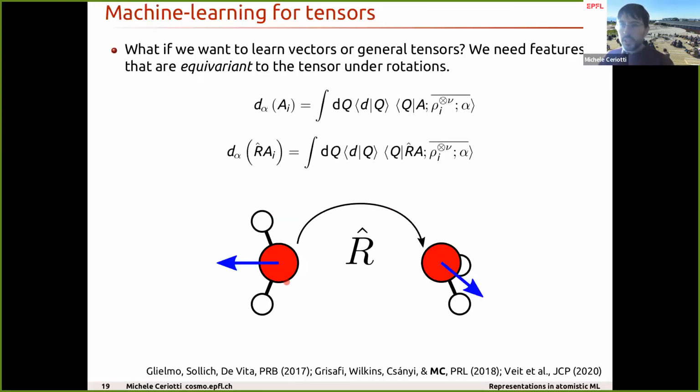So, for example, if you want to predict the dipole moment of a molecule, that's a vector, and it's a vector that should rotate covariantly with the atomic coordinates if I rotate the molecule. So this vector will be described by 3 Cartesian coordinates. So it means that what I'm trying to do is basically build a model for the x, y, and z coordinates of this dipole moment, and in particular, the contribution coming from the i-centered environment.